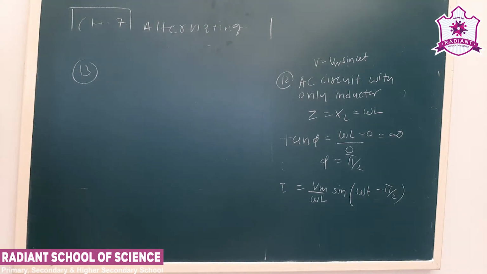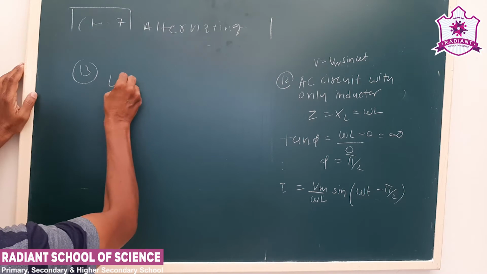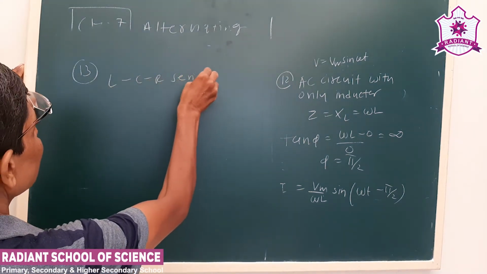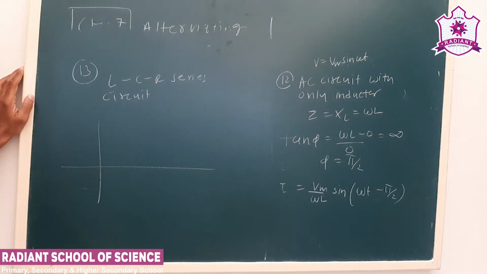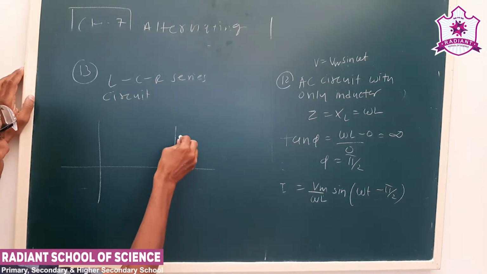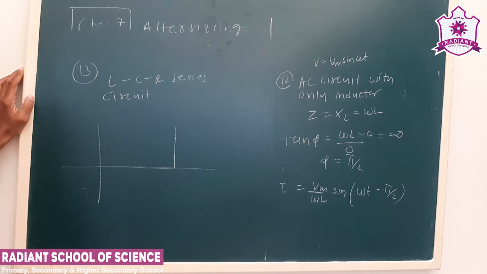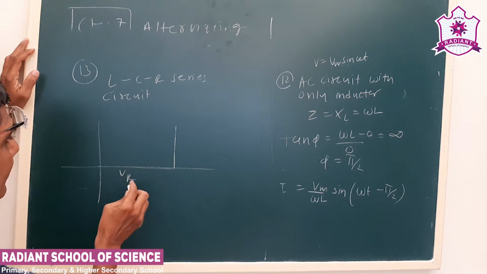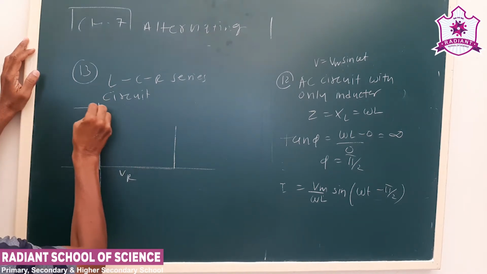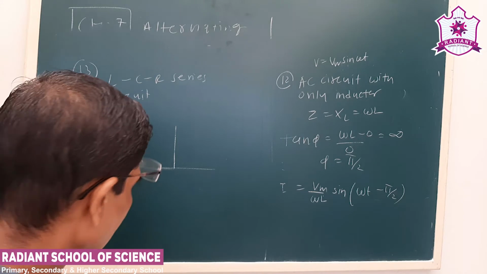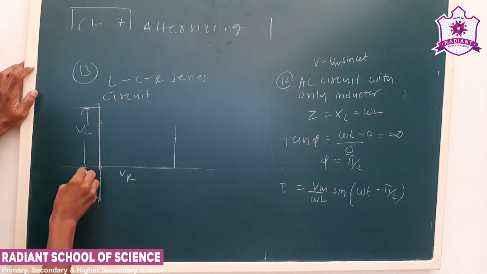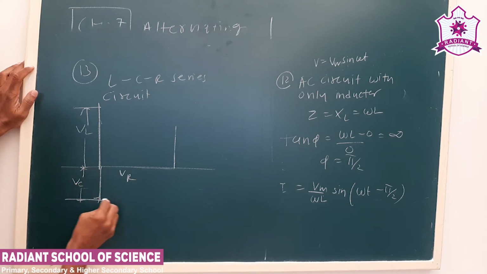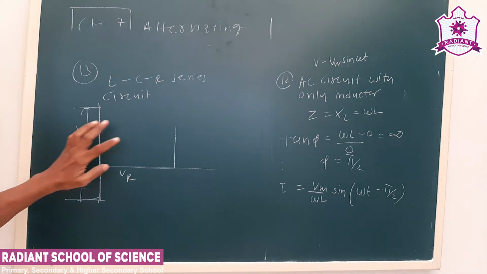Now see, the 13 MCQ is given as, see, it is LCR series circuit. Now what is the value of voltage and the current? Okay. Now see here, we have to represent in terms of phasor. Now see, this will be VR. Let us say this is a phasor of voltage across inductor. This is a phasor of voltage across capacitor. See, what we can see, both are in opposite direction.